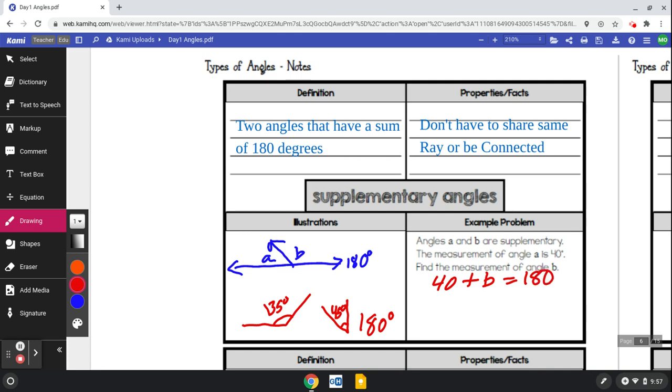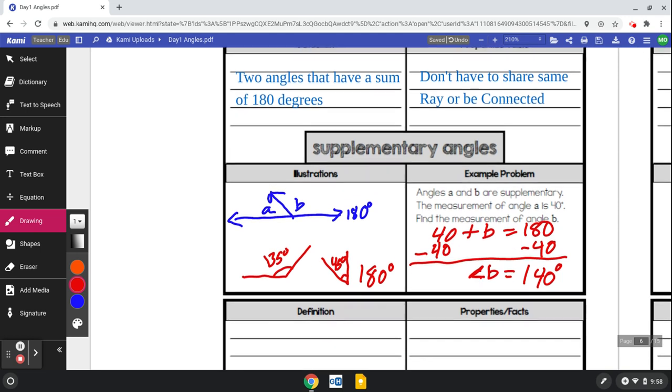This is where some algebra skills come into play. We need to subtract 40 on both sides, and angle B then equals 140 degrees. And that's my answer. Okay? So those are some examples you might come across today.